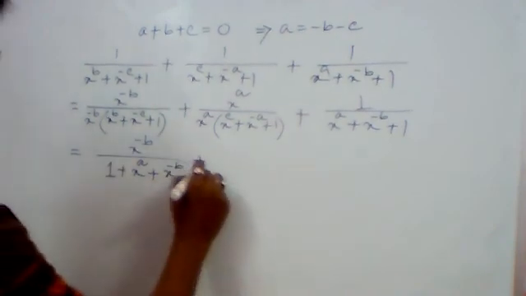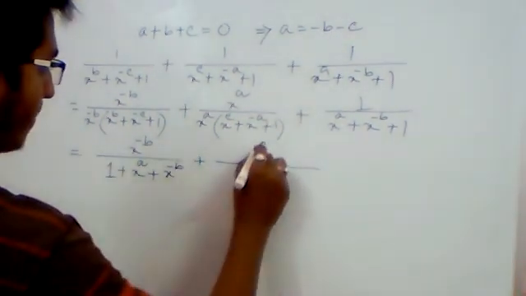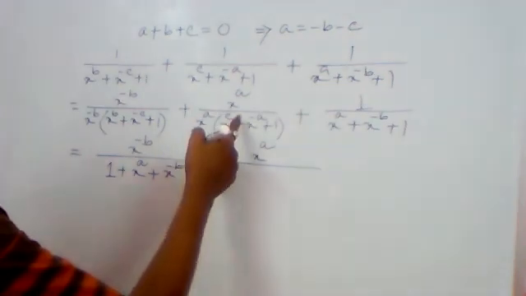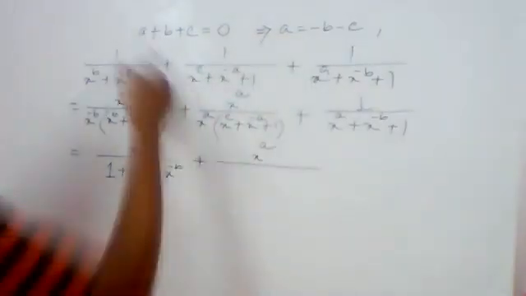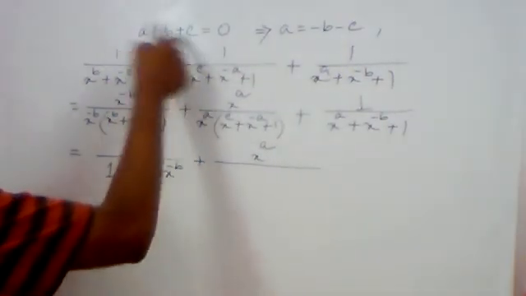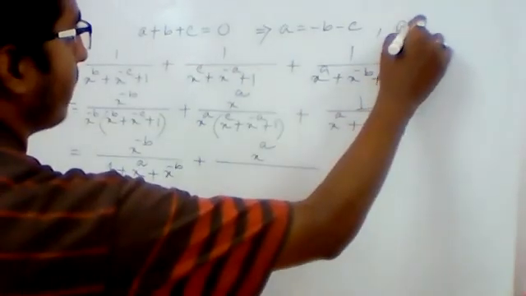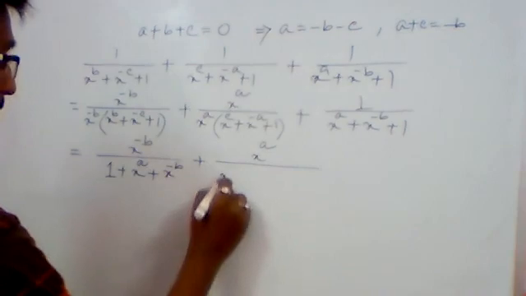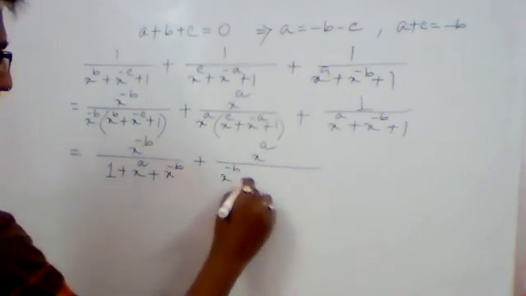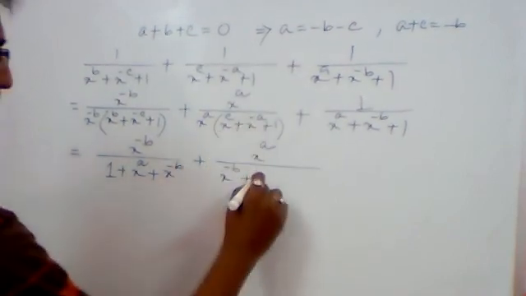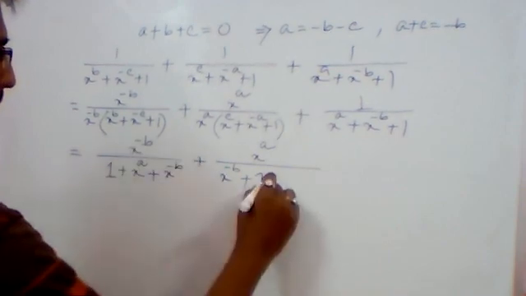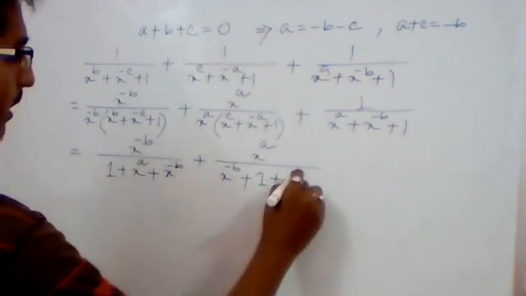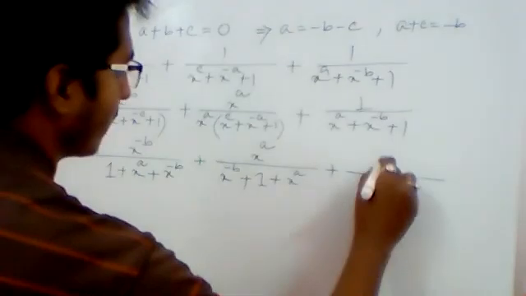Similarly here also, it is x to the power a plus c. A plus c means what? Minus b. A plus c is equal to minus b. Use this, so it will be x to the power minus b. The second term is a minus a, that is 0, that is x to the power 0 means 1, plus x to the power a plus 1 by.